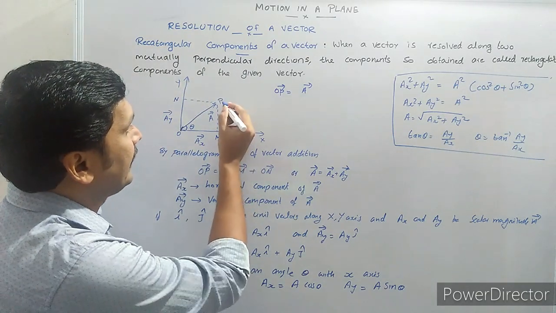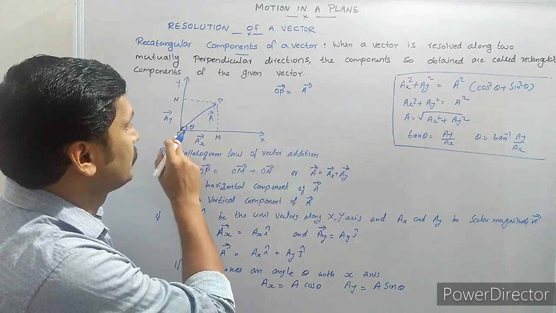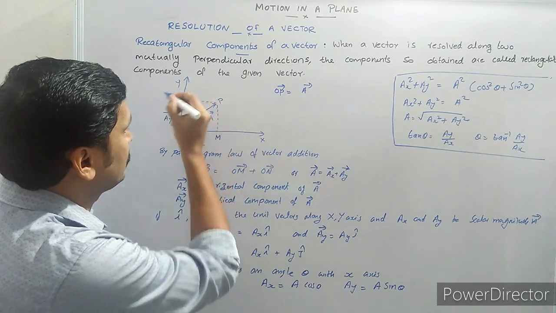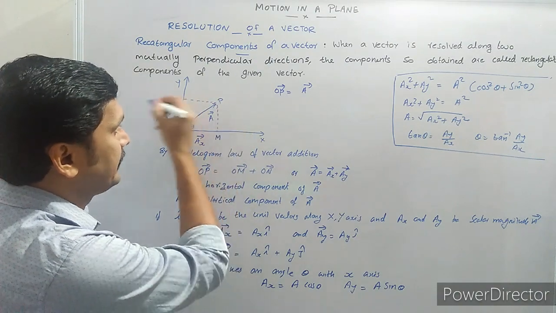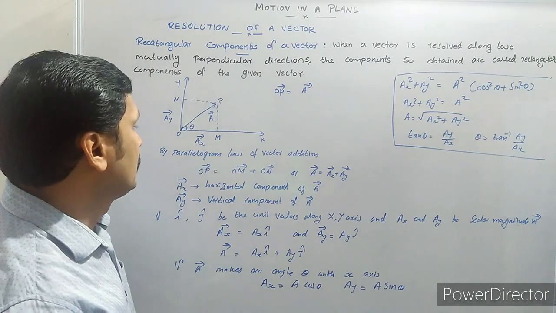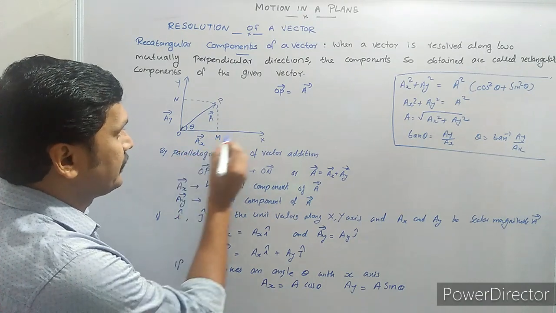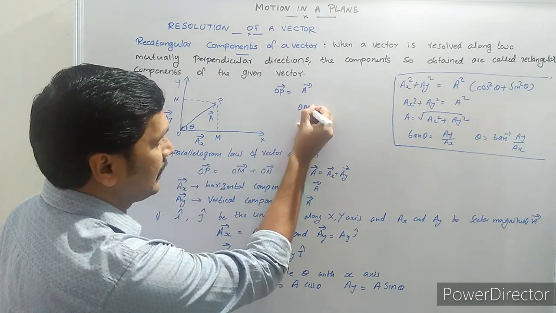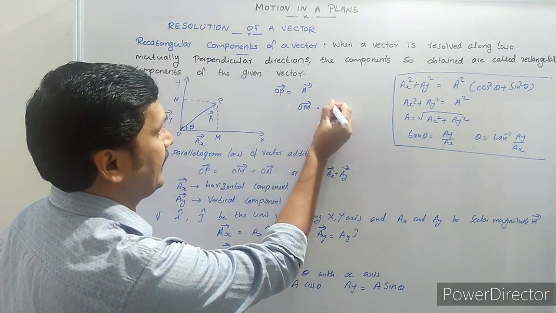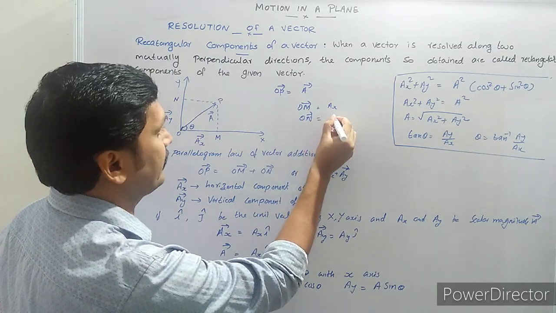Then from the head of the vector OP, we draw two perpendiculars, one to the x axis and the other to the y axis, that is PM to the x axis and PN to the y axis. Vector OM has a magnitude of Ax and vector ON has a magnitude of Ay.